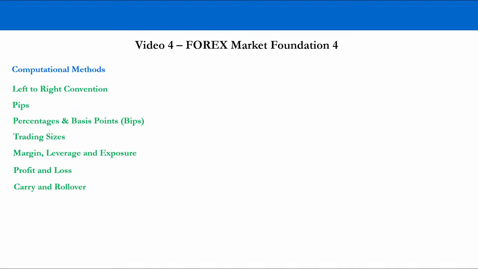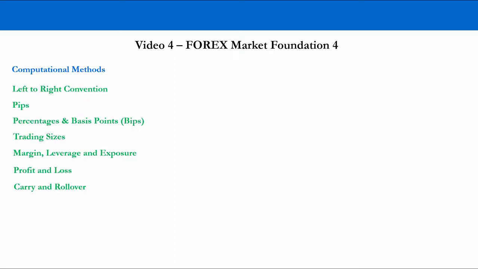Now, if we're going to achieve this later, we really have to understand the nuances of the Forex market and what calculations we need to understand to form a computational foundation and understanding of how the Forex market and the mechanics of the Forex market actually work.